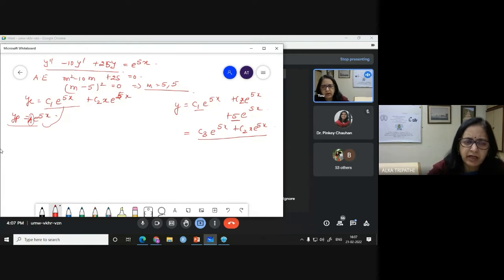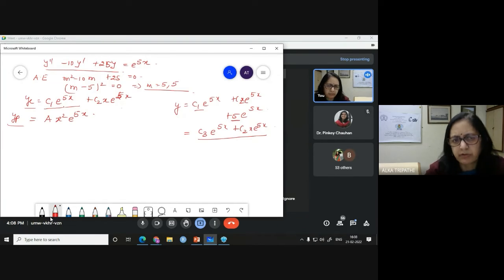So that means our assumption is wrong. We have to take care of our assumption. We should check that our solution yp is not the same as the yc given to us. So in place of this, I will assume yp equal to a x square e to the power 5x, because for finding the solution we multiply by a polynomial, say x squared, x cube.